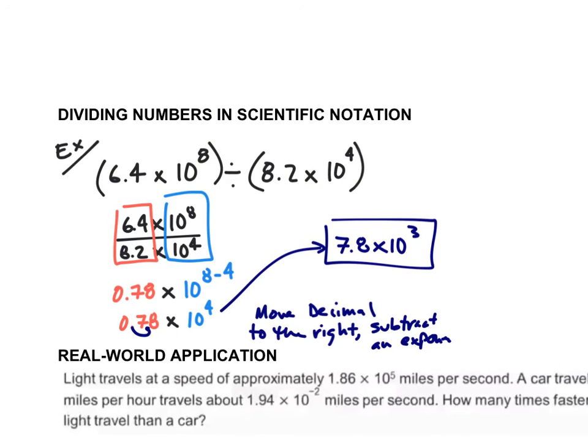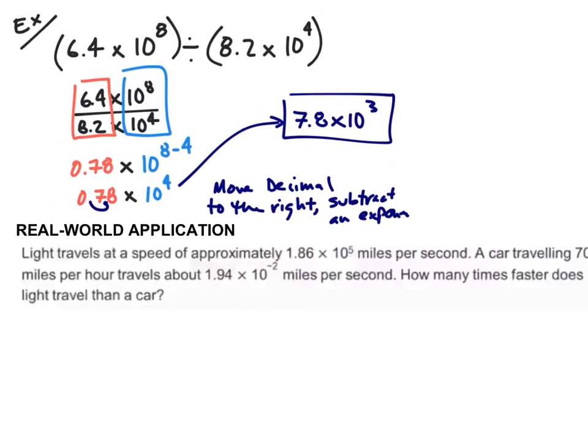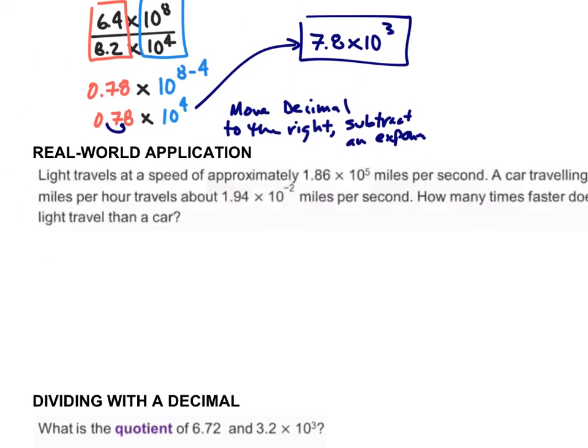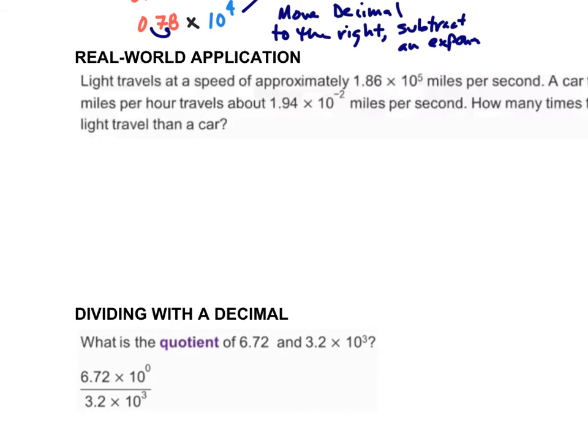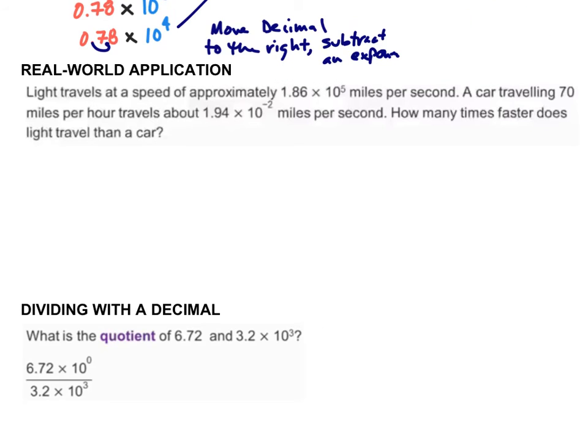I'm simply doing it with numbers, but we're going to do it with some real world examples. On this problem, it says that light travels at a speed of approximately 1.86 times 10 to the fifth miles per second.